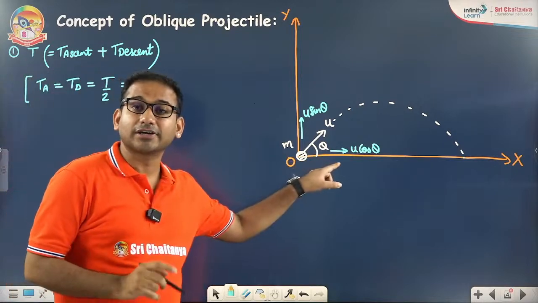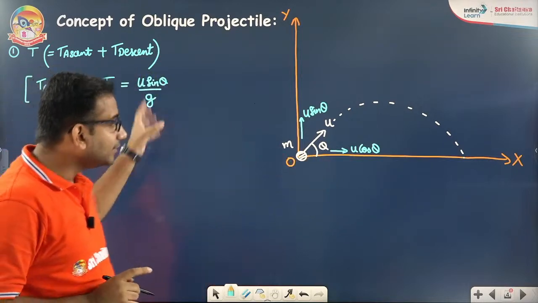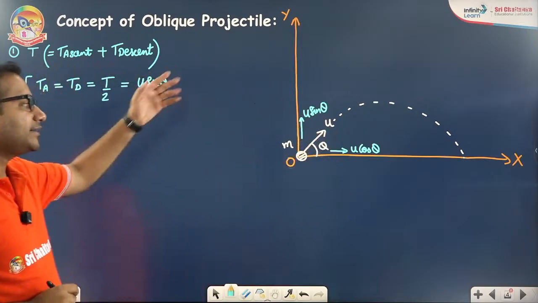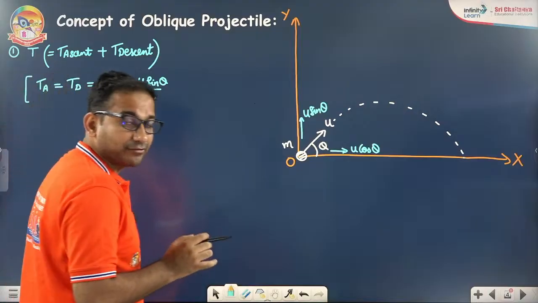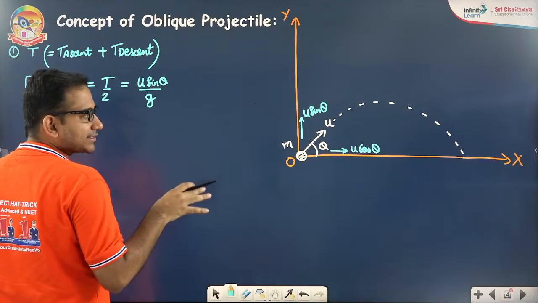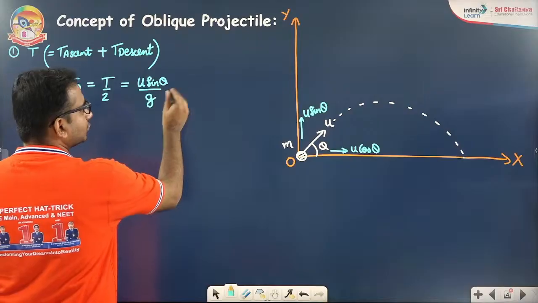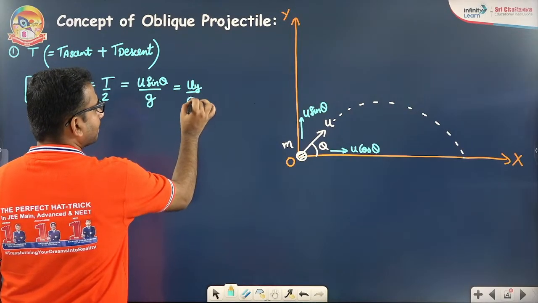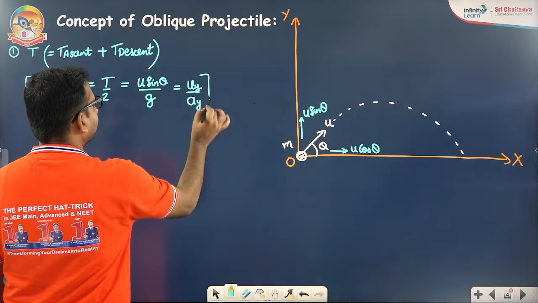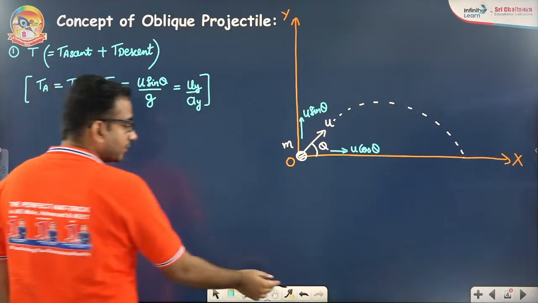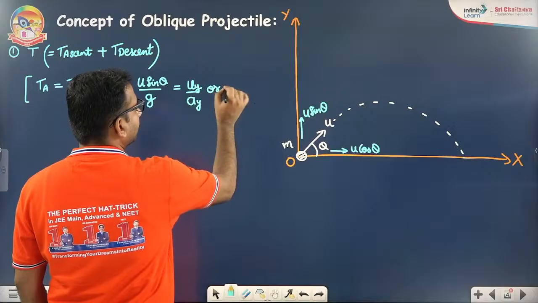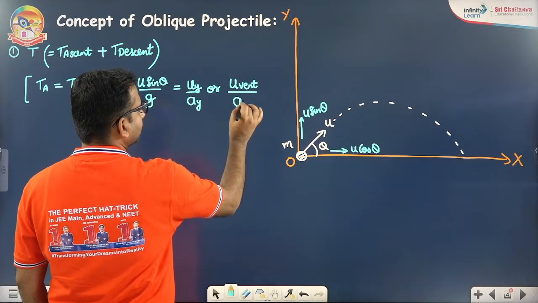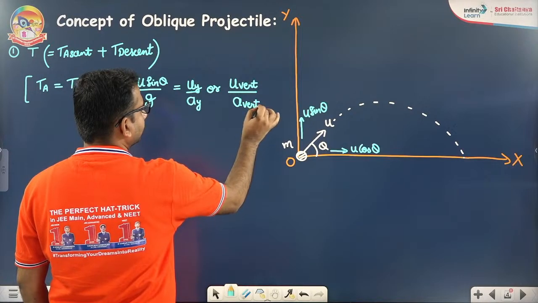And there is another modification glitch which I have emphasized on, that instead of taking the angle with the x-axis, if you make the angle with the y-axis, then definitely sine will change into cos. So better to remember it as uy by ay. Or in a much better way, you can write it as u vertical by acceleration magnitude in vertical direction.